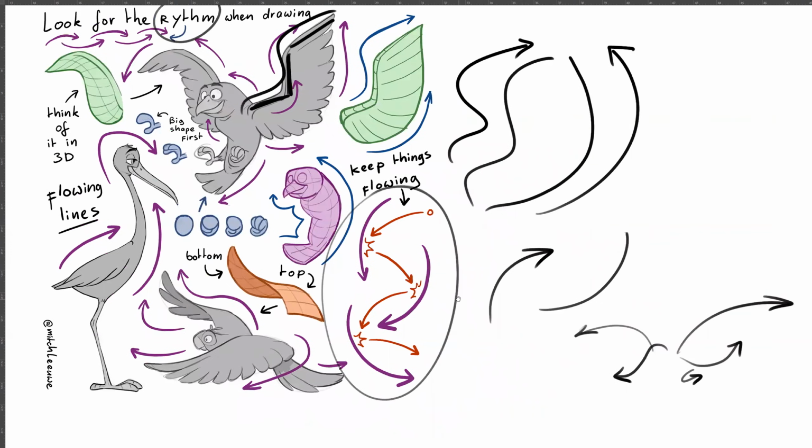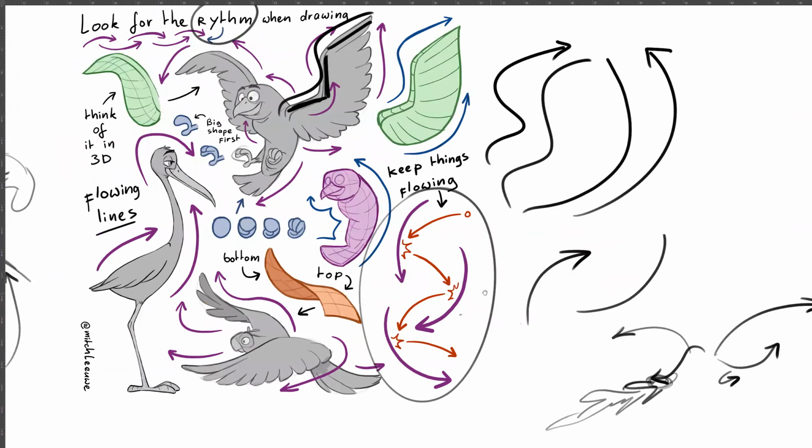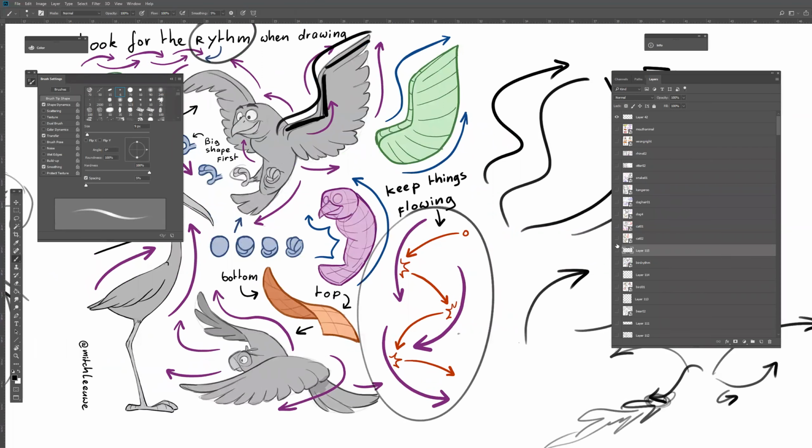Try to look for the force, and then you can use that knowledge. You can use that to draw a dragon as well. So you can use this knowledge of birds for magical creatures as well.